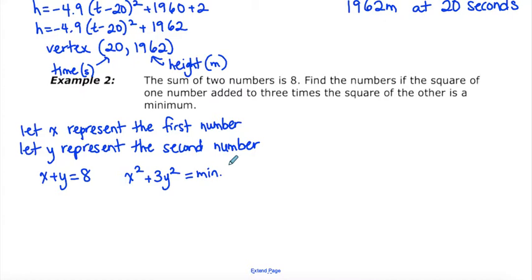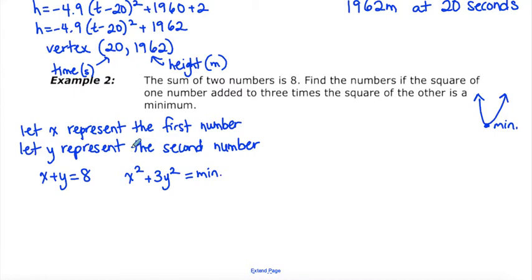So what does that mean? Well, it means that my parabola is going to open up. If I think about trying to figure this out graphically, if I was to plot these on a Cartesian plane, these two numbers would create a parabola shape that opens up. So this is my minimum value right here. Okay, now I don't want two variables.